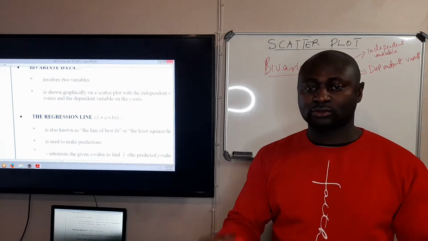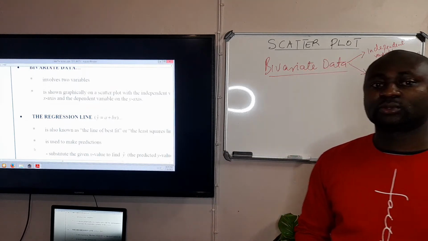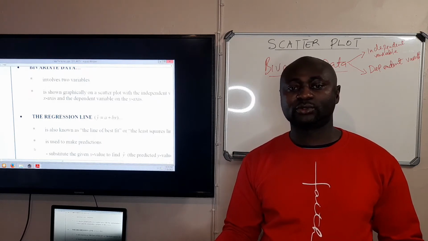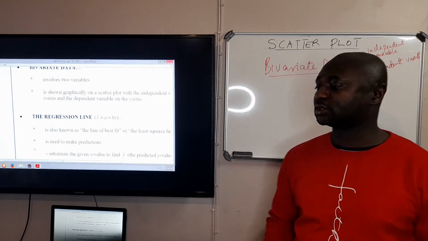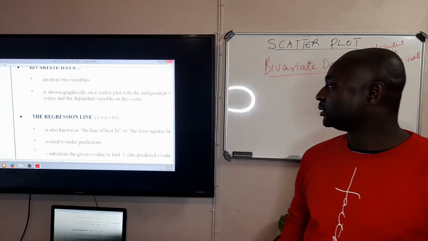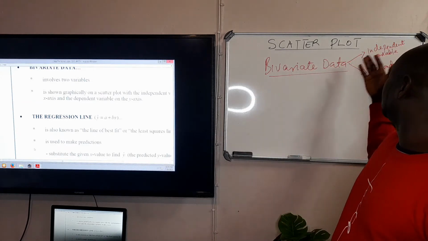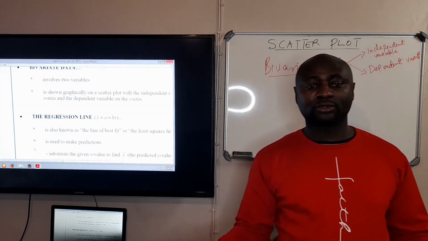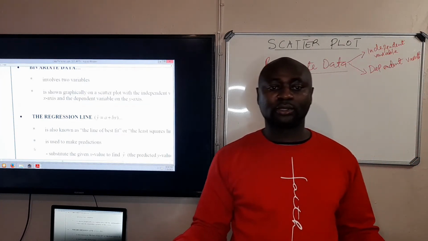So this is what we call bivariate data, and in other ways we call it the scatter plot. I'm going to go with you on how the examiners are going to ask you questions. When you are independent, it means you don't depend on anyone.